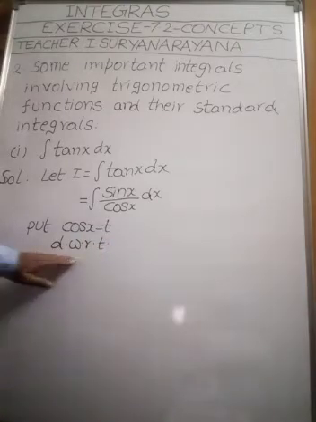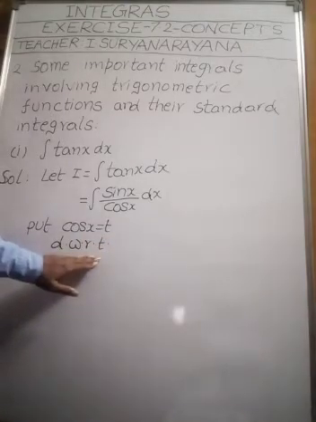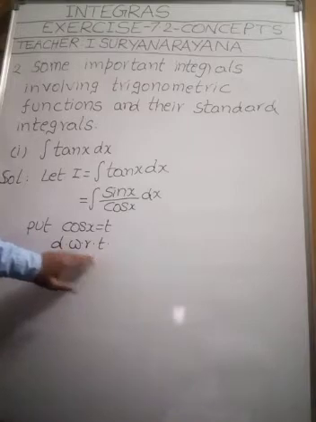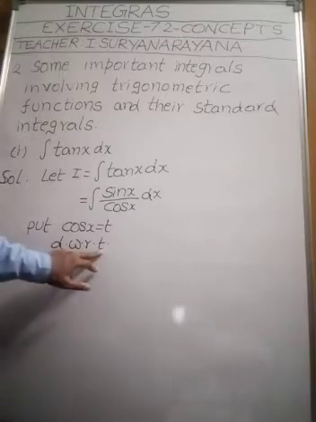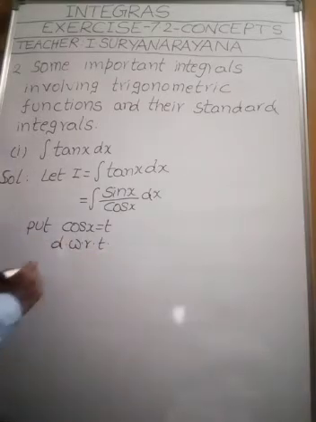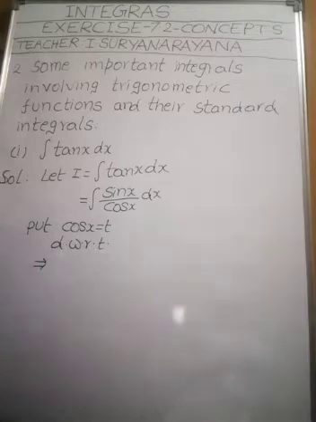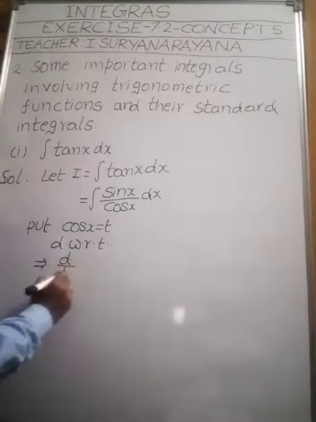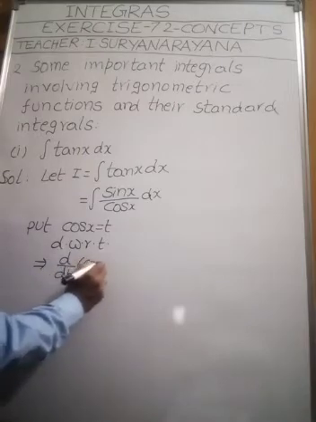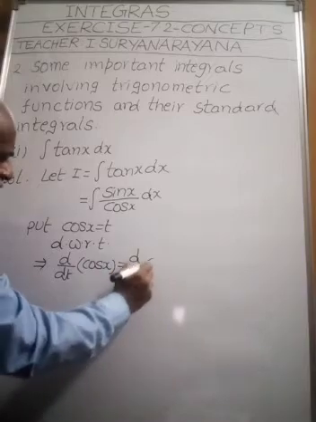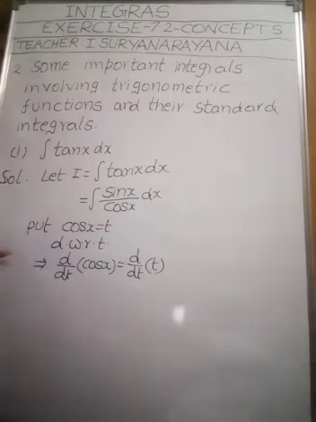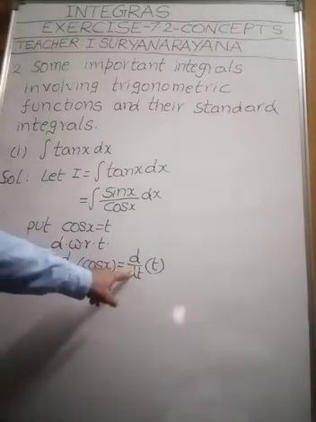Do you remember the full form of this sentence? I just wrote it in the short form, differentiating with respect to t. Okay, my children, right? This implies, what is the differential operator? d by dt. So d by dt of cos x is equal to d by dt of t. I wrote the differential operator on both sides of this equation. Understood this step, my children?